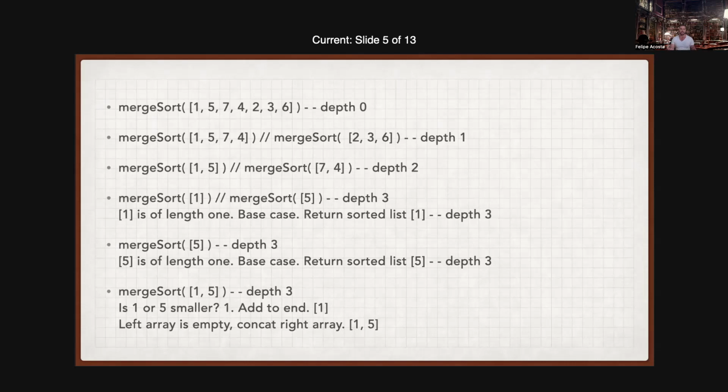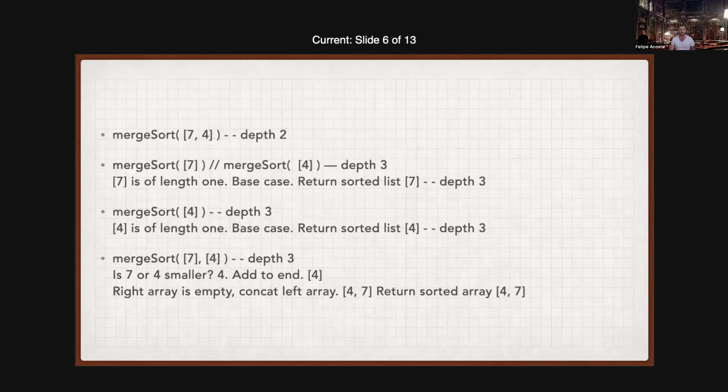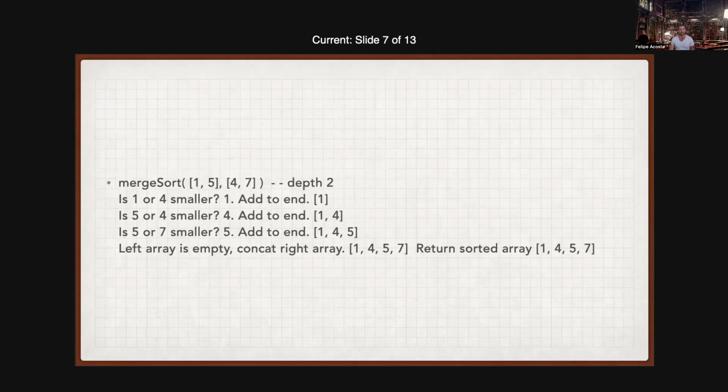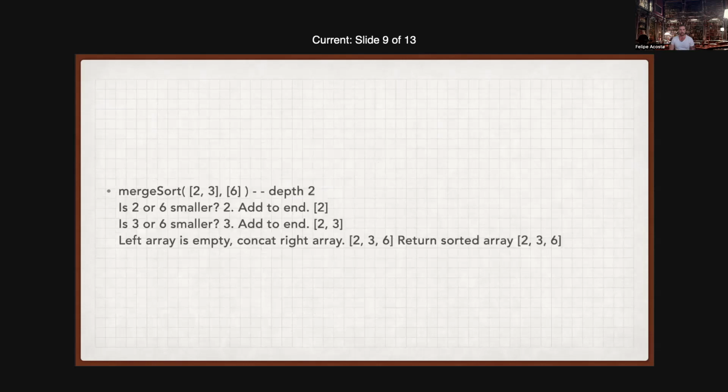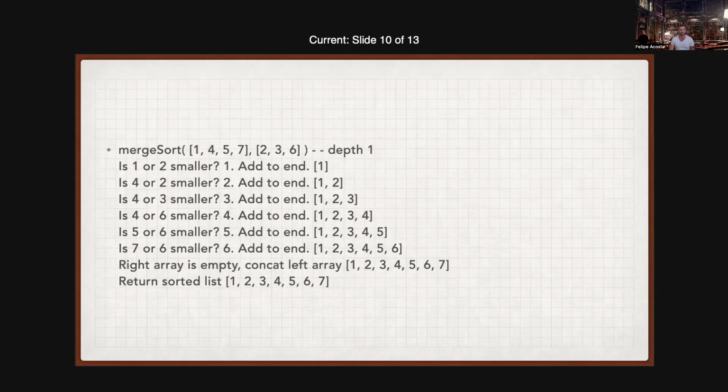And if that's the case, it's going to add it to another list and then eventually concat them together, right? So you quickly see here how that works in another visual representation under the hood. It just keeps going through that until eventually it returns the fully sorted array, or sorted list. That's basically the end output.